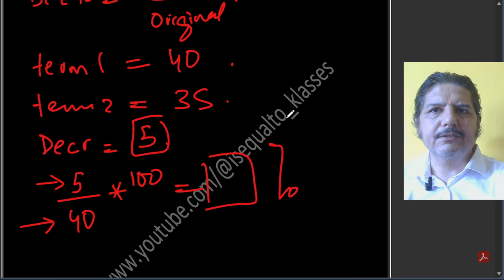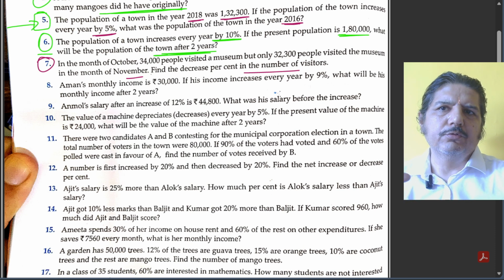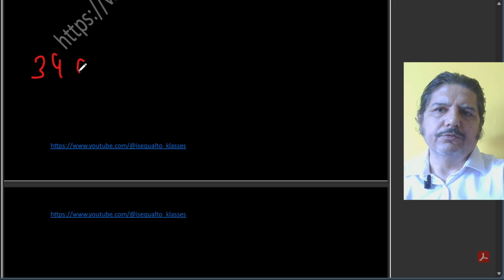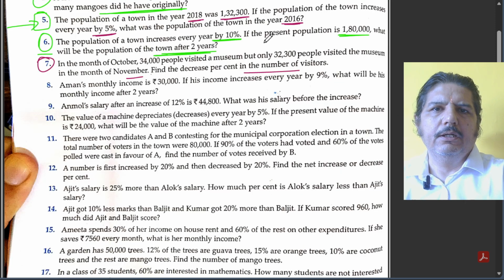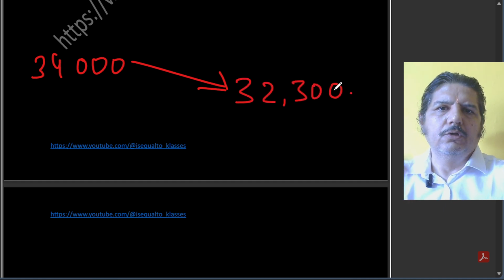So in this case, what you need to understand is in October it was 34,000. And then it fell down to 32,300. So how much decrease was there?